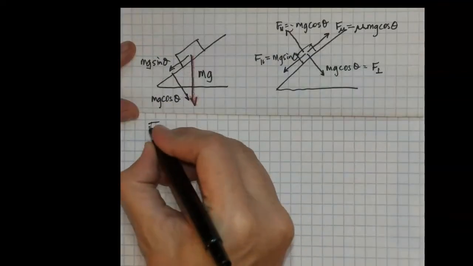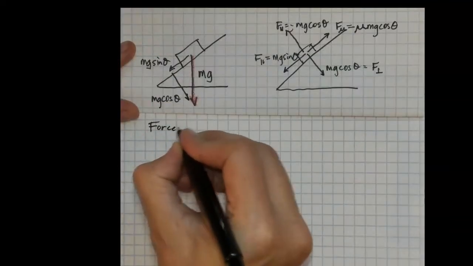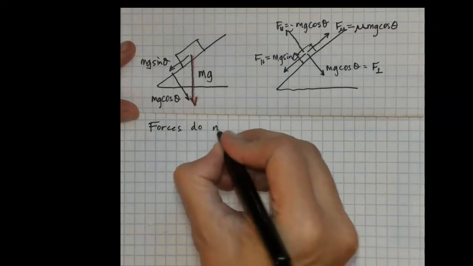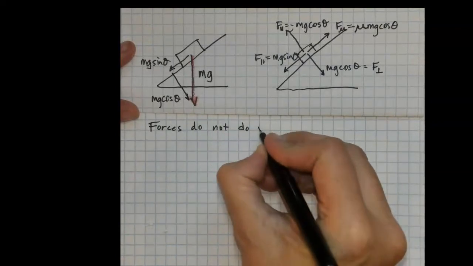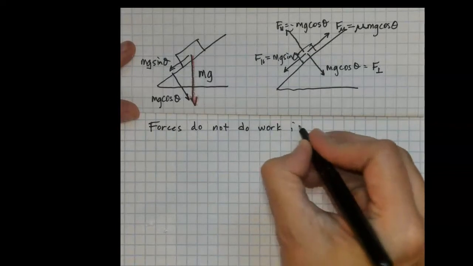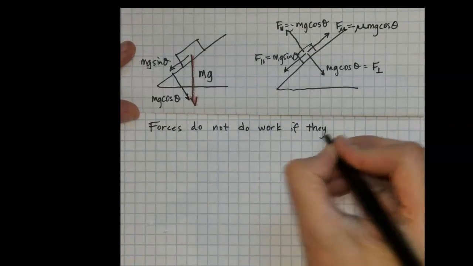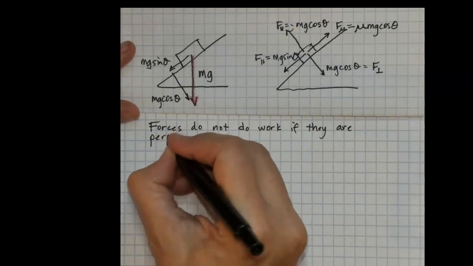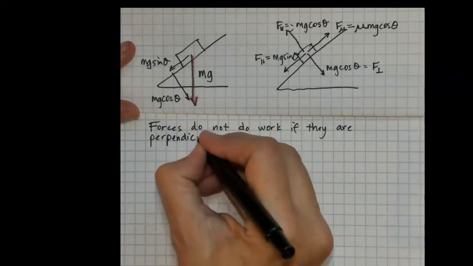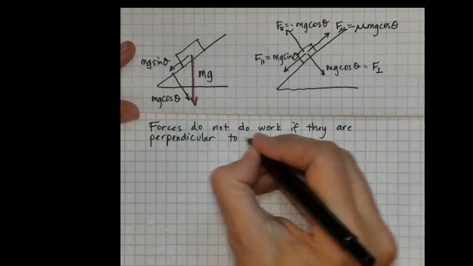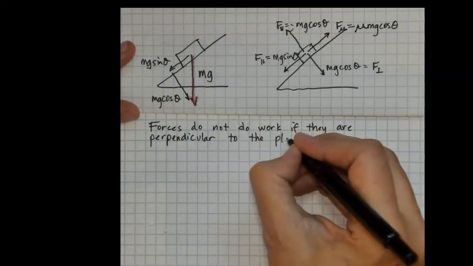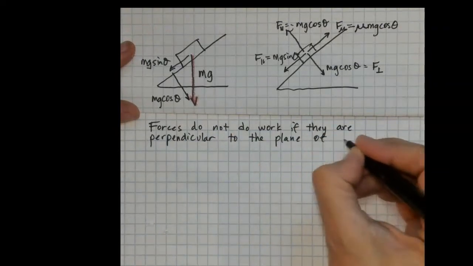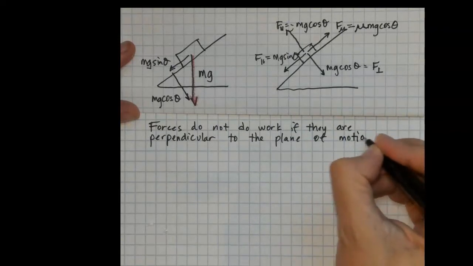Okay, I tend to use a lot of paper when I'm solving problems. It just helps me think and helps keep me organized. So I still have my force diagrams, but I'm starting a new page. And what I'm going to consider now is the normal force and the net force. So if forces are perpendicular to the plane of motion, they're not going to accomplish any work.